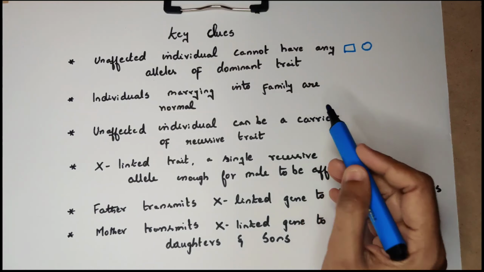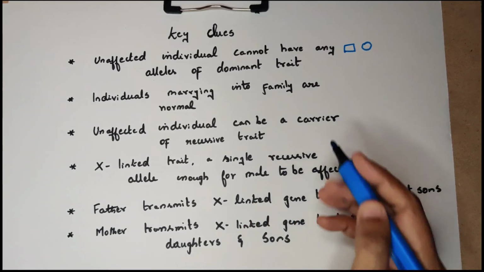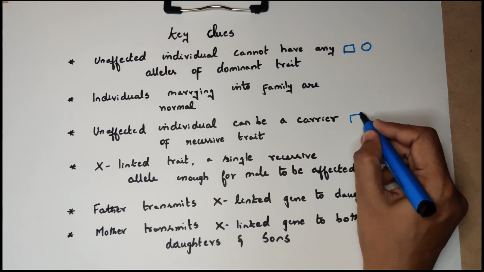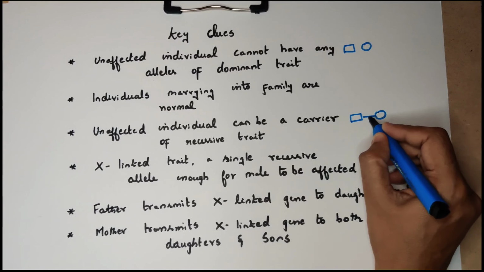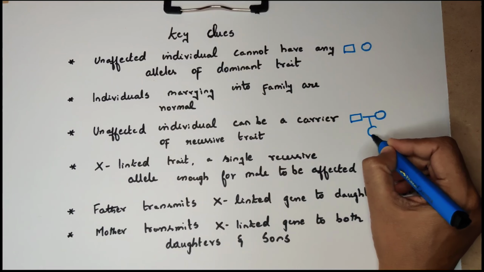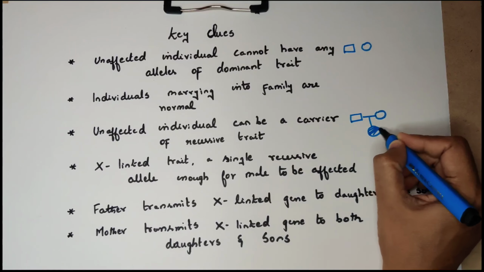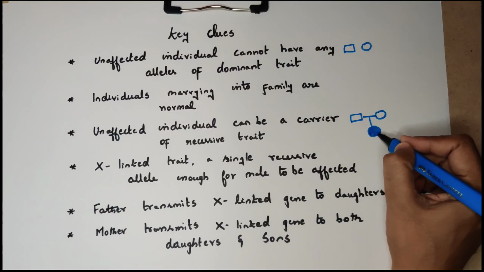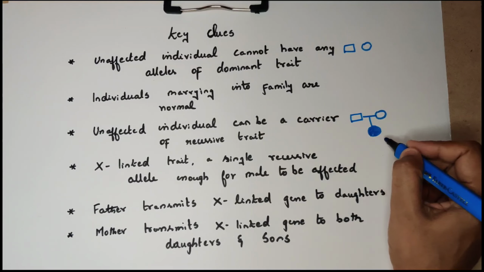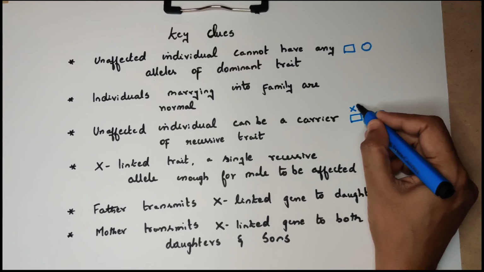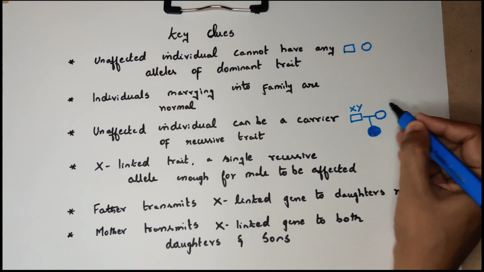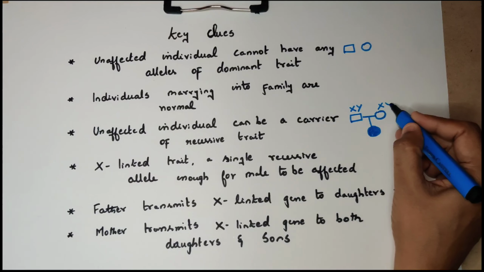Unaffected individual can be a carrier of a recessive trait. For example, if I say that this person male, this person female, they get married and they give birth to a female who is affected. Now in this case, I call them as carrying a recessive trait. Why? Because this person male is having XY. This female is carrying XX.